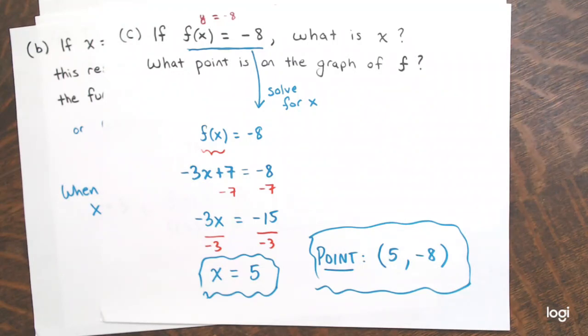This is just kind of an introductory intermediate algebra video. But also, if I'm given a graph or given the equation of a function, if I'm given an input, I can find an output. If I'm given an output, I can find the inputs that correspond to that output. There's lots of things you can do when given an equation or a graph of a function.